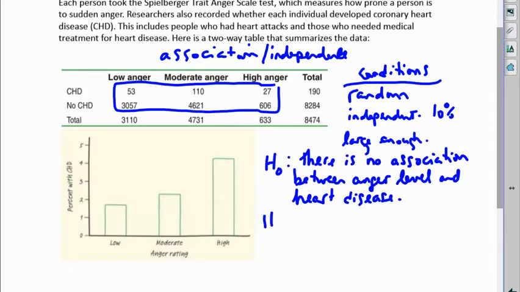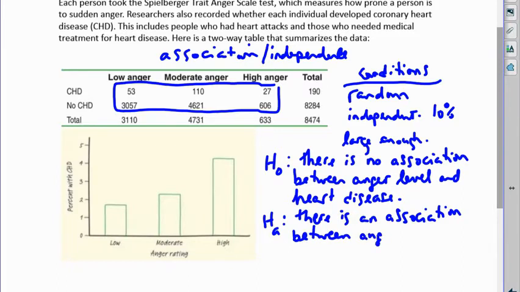And my alternate hypothesis is there is an association between anger level and heart disease.